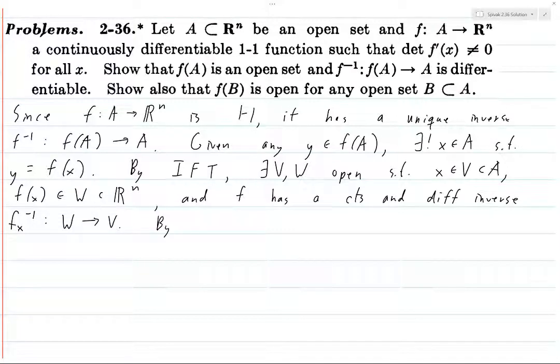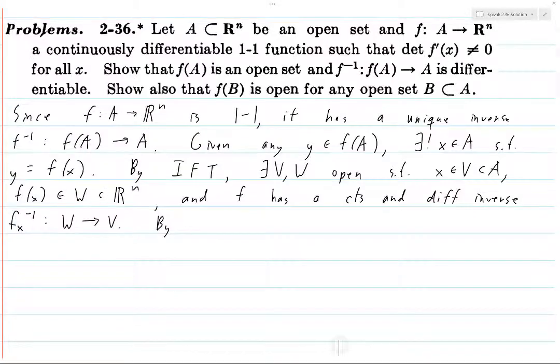Because first of all, f inverse is defined from f of A to A, and this inverse that we've defined is defined from W to V. So just from the domain and codomain, they're technically not the same. Second of all, we haven't yet established any relation between this inverse and the inverse of f.